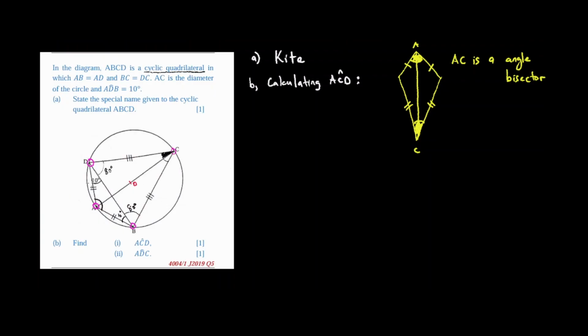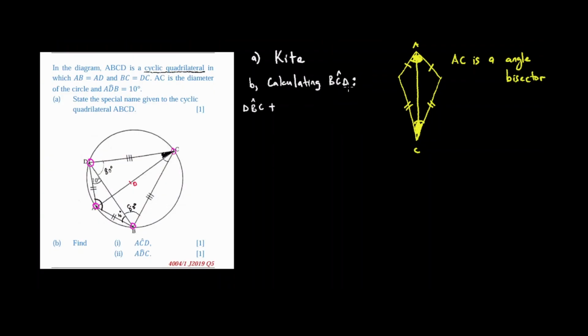So calculate ACD is not difficult. Why? Because DBC plus BCD that we want to find. Alright, I'm sorry. Here I'm not calculating ACD for now. I'm calculating BCD.